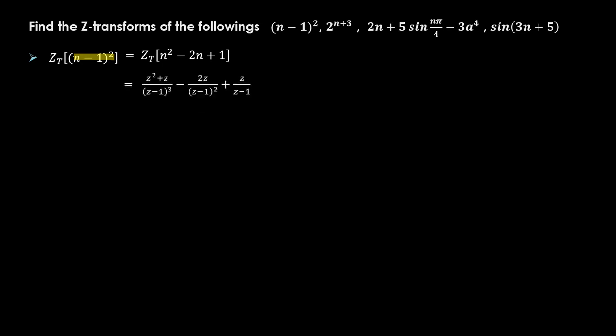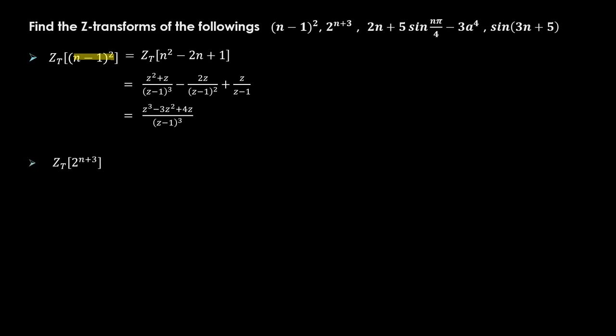The z transform of n square is z(z plus 1) divided by (z minus 1) whole cube, minus 2 times z divided by (z minus 1) whole square, plus z by z minus 1. On simplification, we get z cube minus 3z square plus 4z divided by (z minus 1) whole cube.